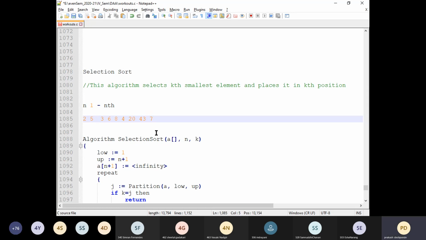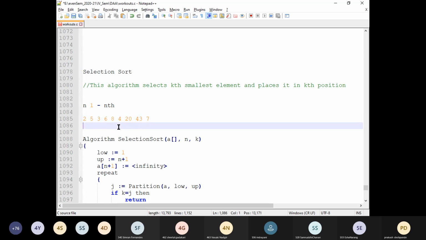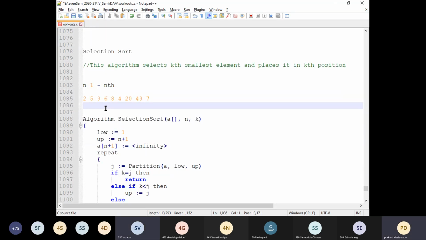How many elements are here now? 9. There are 9 elements, meaning n elements. The first element is positioned at the first position, the second element at the second position, and so on, up to the nth position.